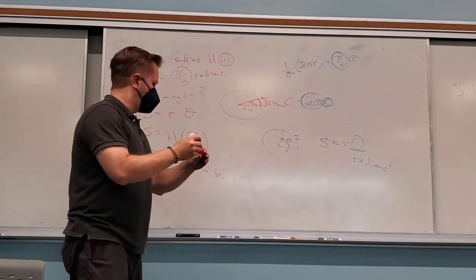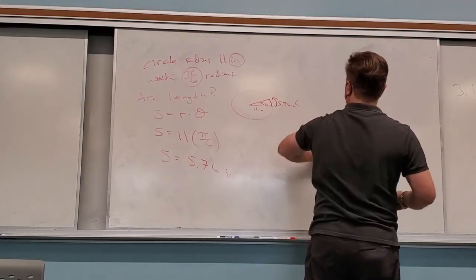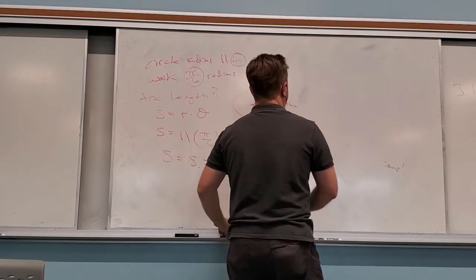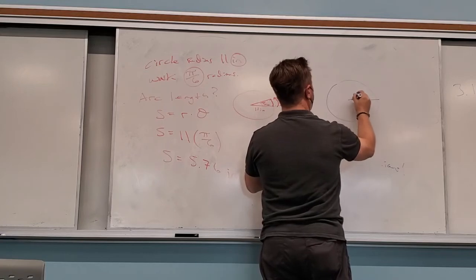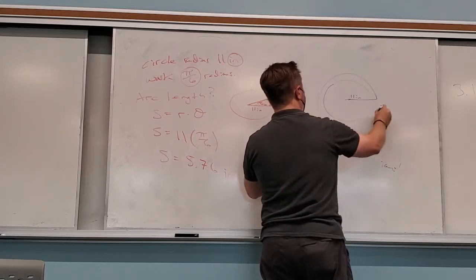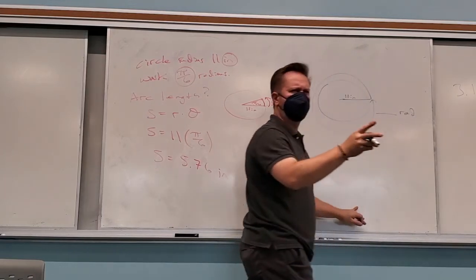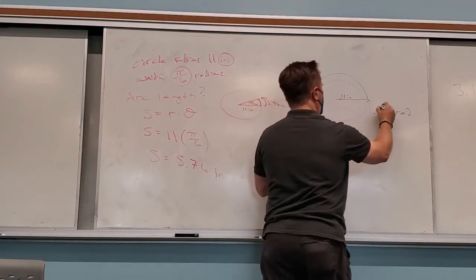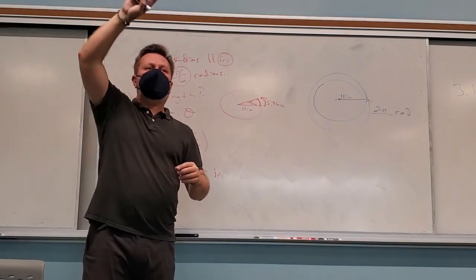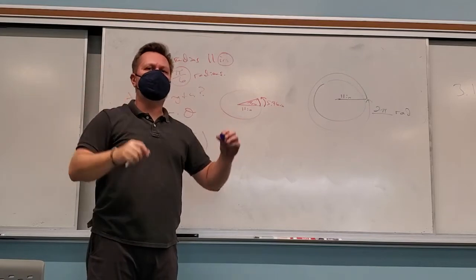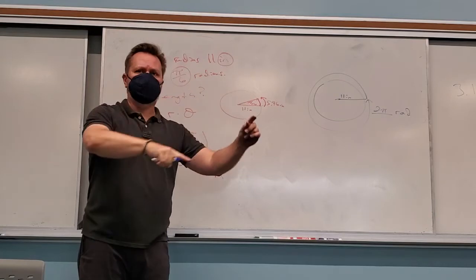All right, just to make sure you really see how this works. If I have the same circle, how many radians is all the way around? 2 pi radians all the way around. If I walk all the way around, how far would I go? That's the circumference of the circle.